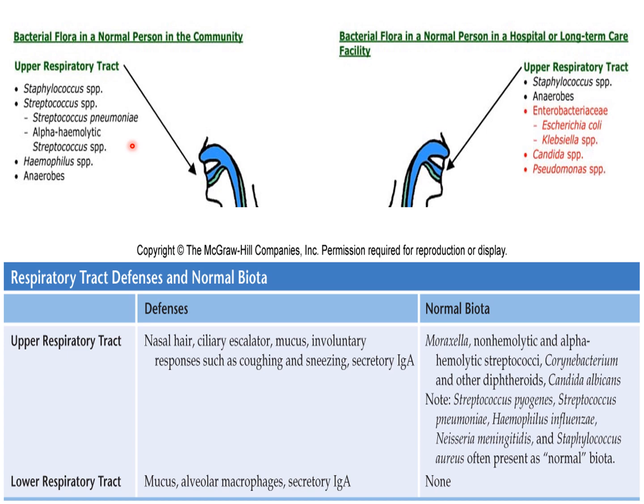Also, the group A beta hemolytic, which is the Strep pyogenes, can be part of the normal flora. The Haemophilus influenzae, the non-typable Haemophilus influenzae, and anaerobes.